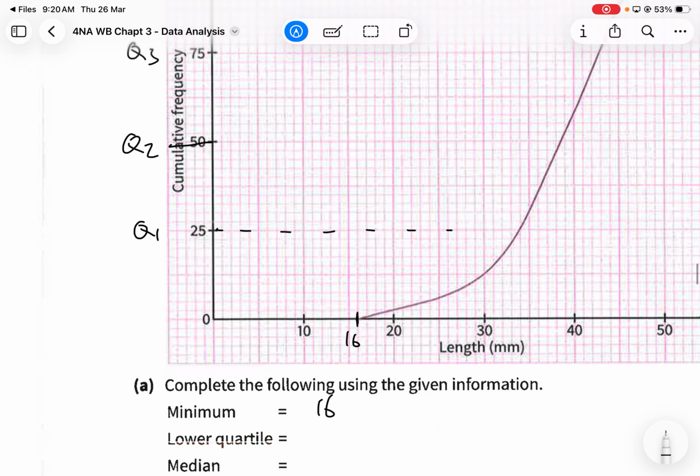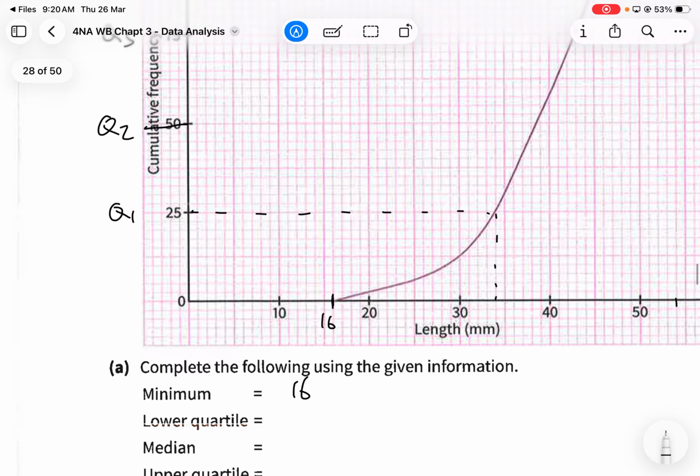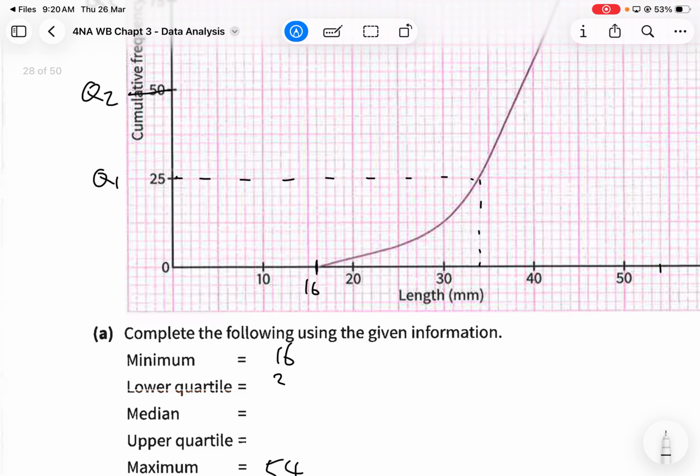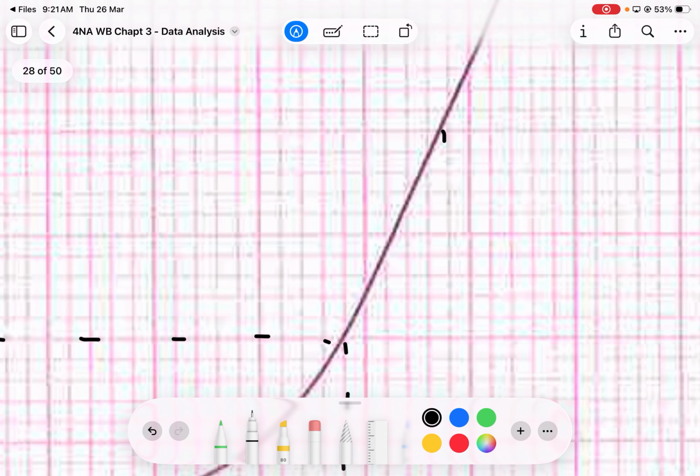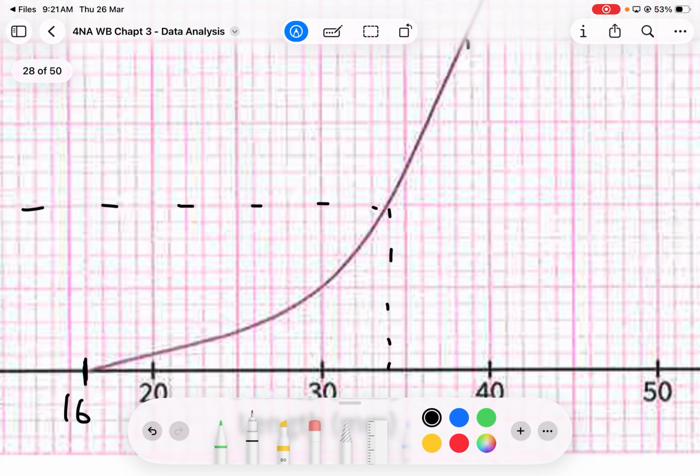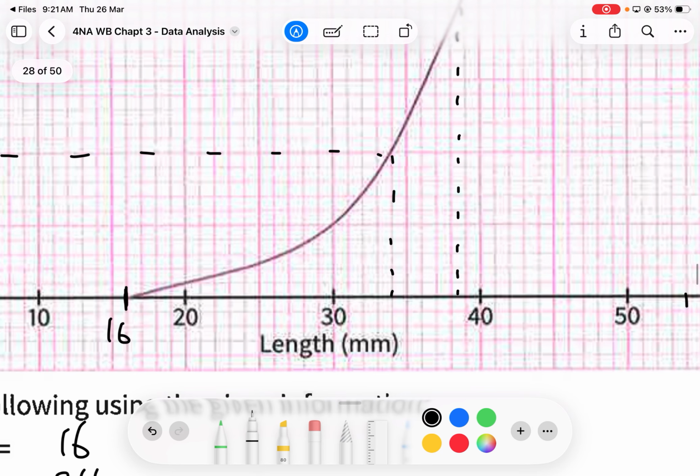Q1 here, 34. Q2 here, between these two values, 38.5.